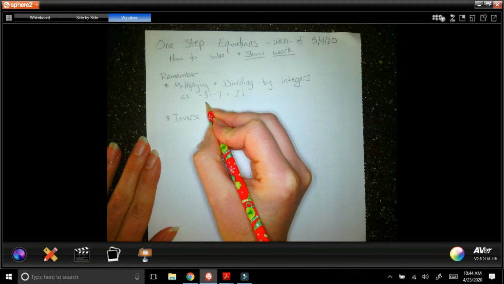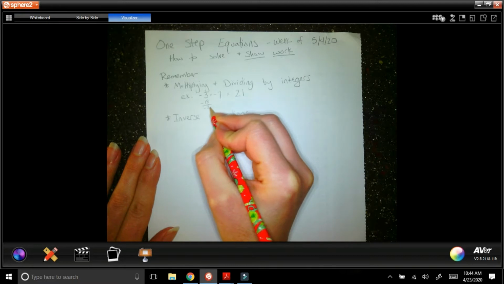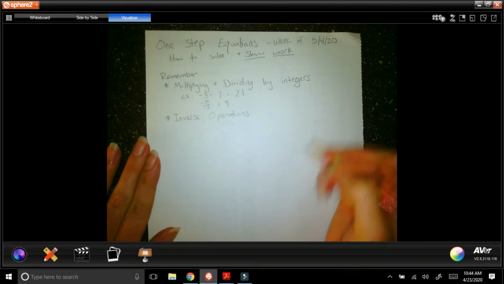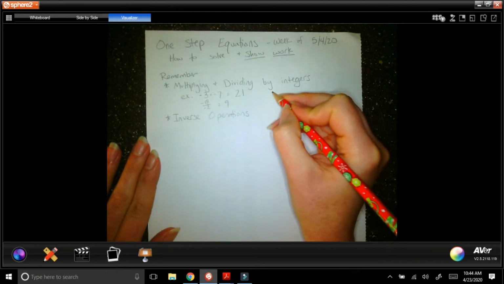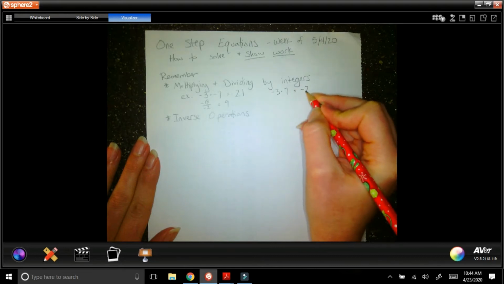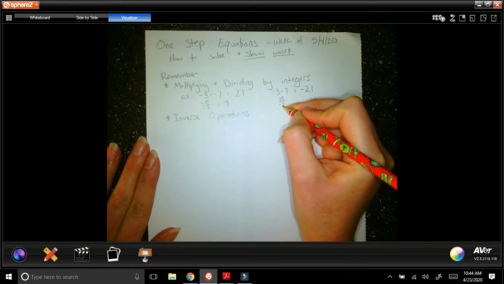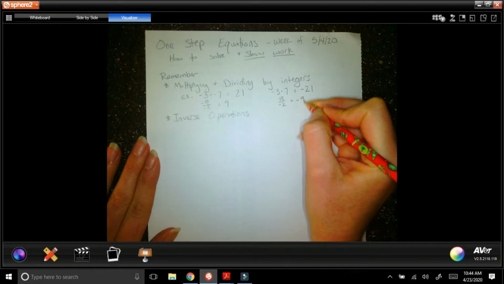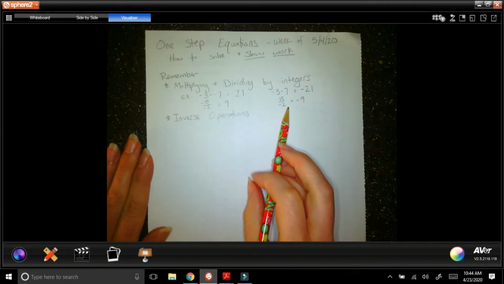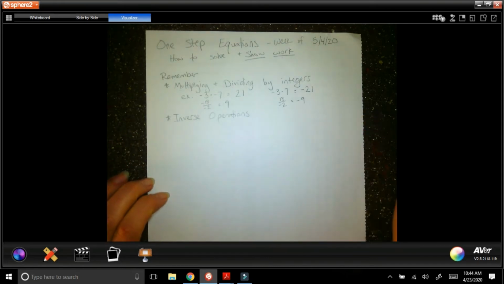If you're dividing -18 divided by -2, you would get a positive number, and that'd be a positive 9. If you have one of each, let's say you have -3 times a positive 7, you would get a -21. Or if you had 18 divided by -2, you would get a -9. So just kind of keep those rules in mind. You can do these on a calculator, and just make sure you put the positive and negative signs where they go on your calculator if you struggle with those.